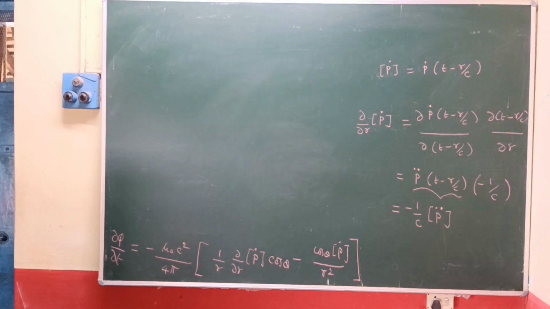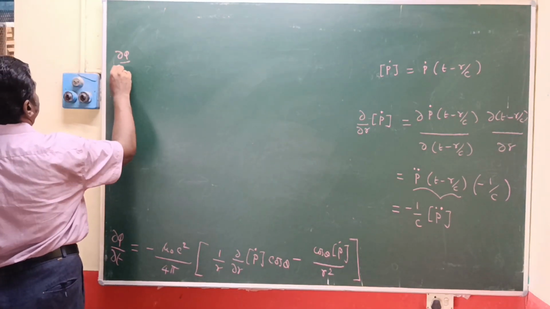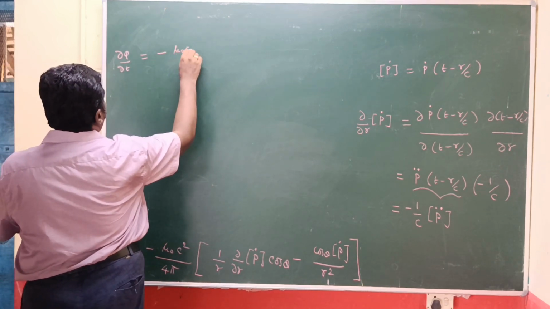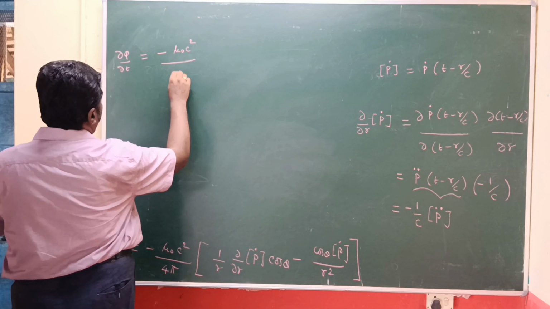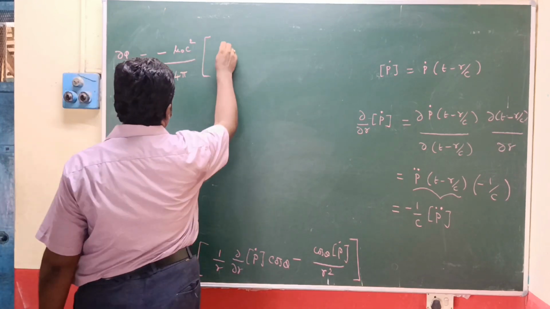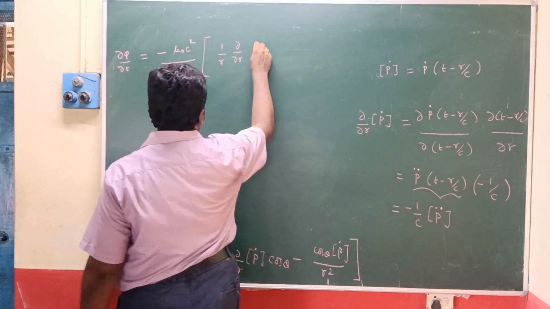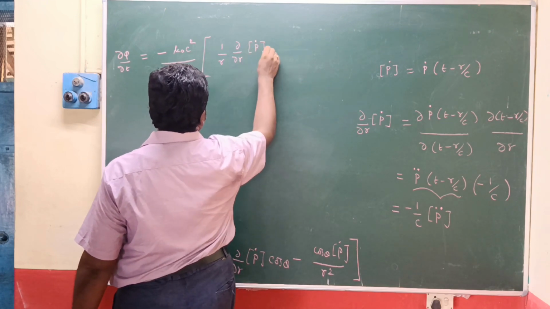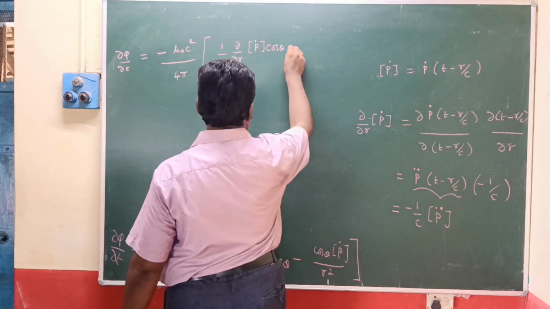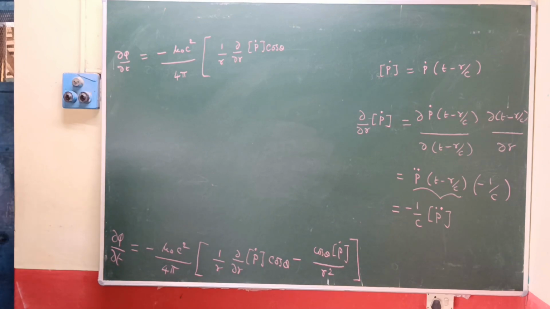Now ∂φ/∂t becomes ∂φ/∂t, which is equal to −μ₀c²/4π multiplied by 1/r, ∂/∂r of p dot cos θ. So instead of ∂/∂r, we have to put our value.